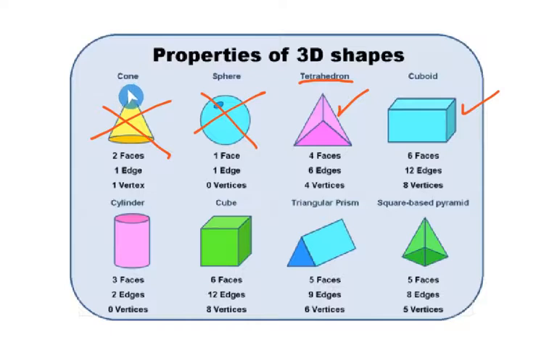So therefore, where they meet at the top is not a vertice, it's not a corner, it's a point. There are no edges to meet, and vertices has to be 3 or more edges, and there are no edges for a cone, so it's a point, not a corner. Bottom row, cylinder is not, because it's got a round face. A cube is, a triangular prism is, and a square-based pyramid is.